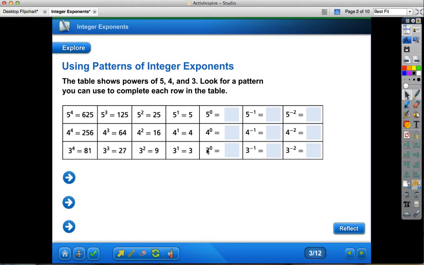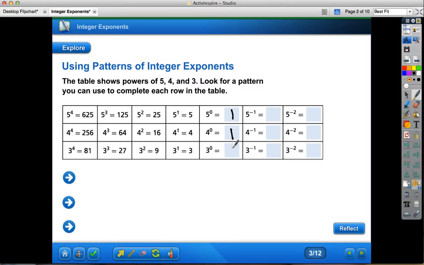So using that thought, let's see if we can figure out what would go in this column here. So anything to the 0 power. I want you to take a minute and try to solve these three. Right, so if I do 5 divided by 5, I get 1. If I do 4 divided by 4, I get 1.